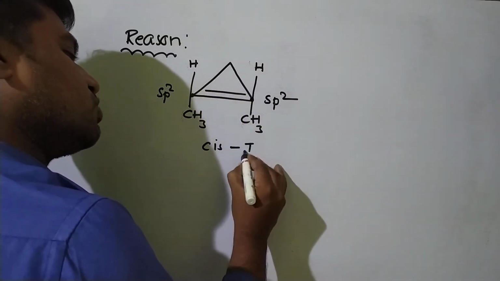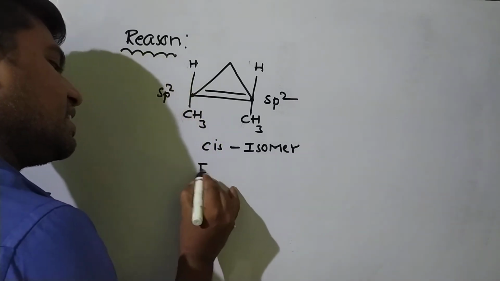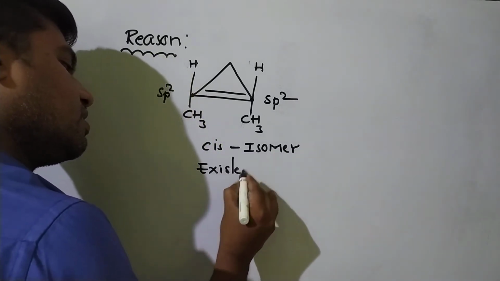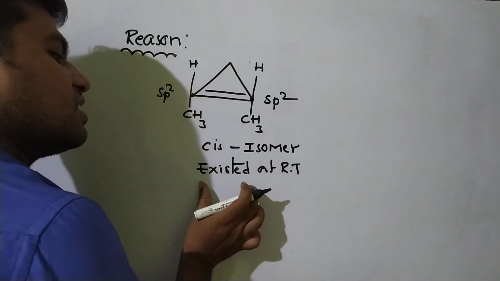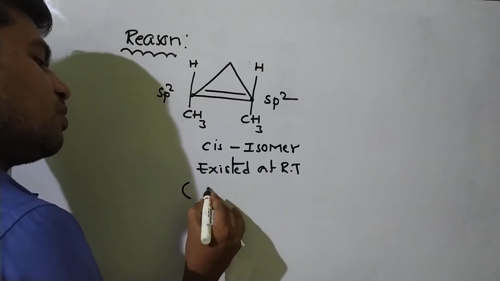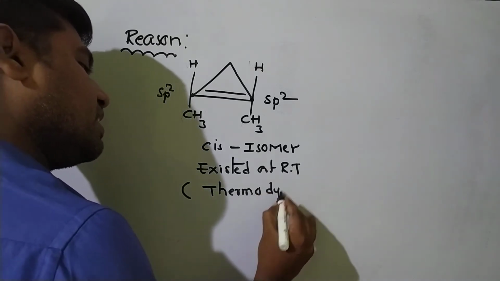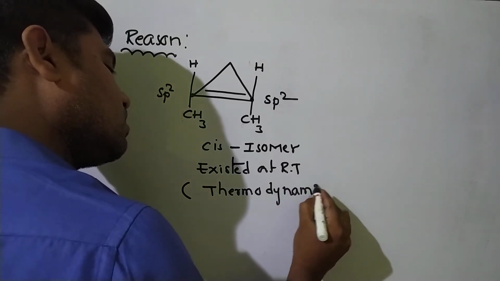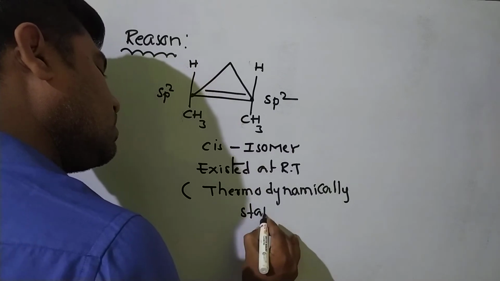This cis isomer exists at room temperature, meaning it is thermodynamically more stable. So this is a thermodynamically stable compound.